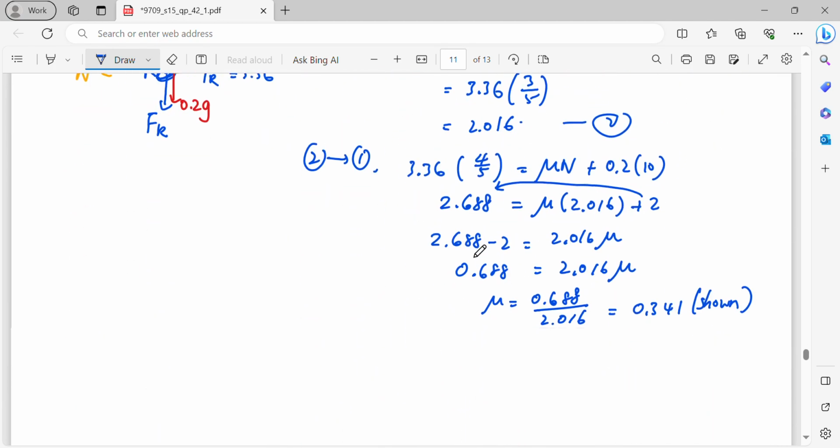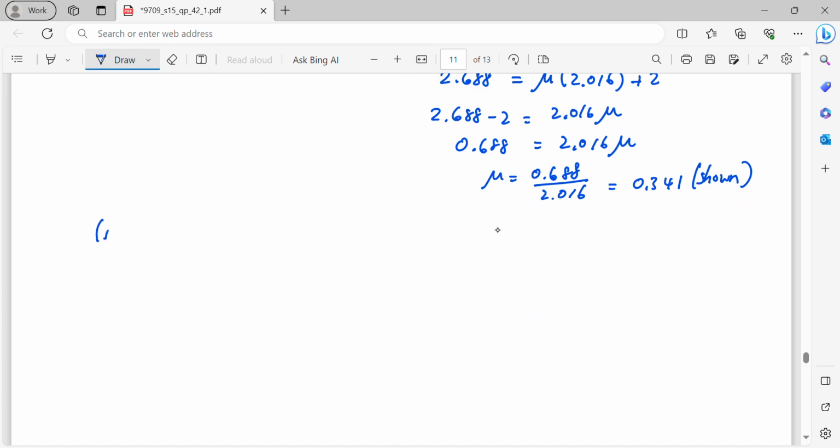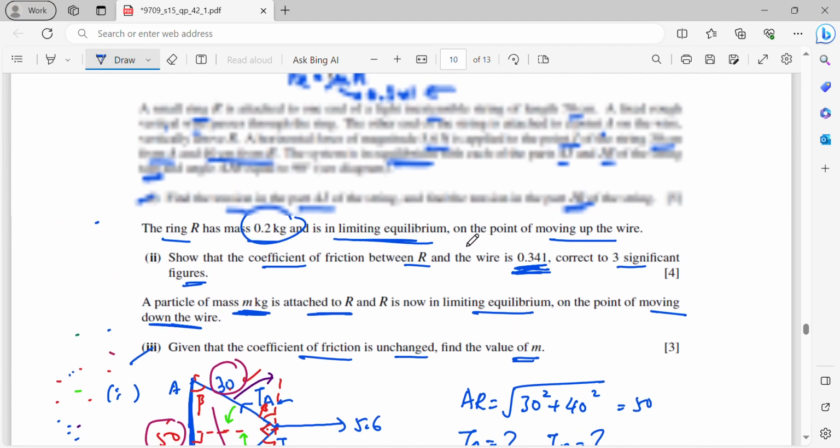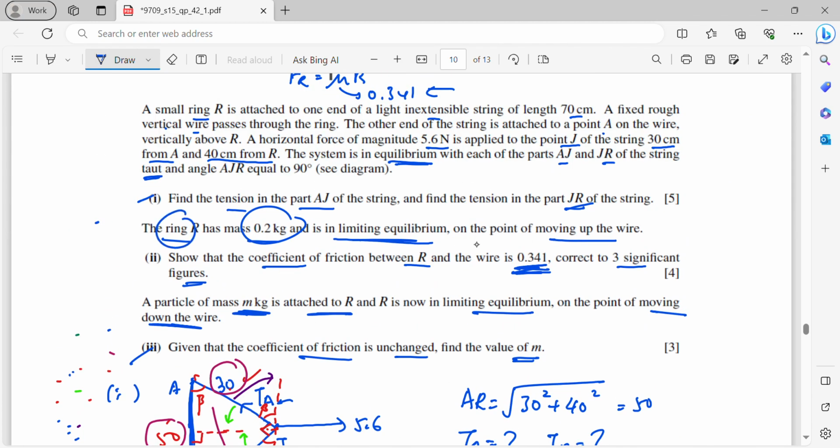Okay, so now I have to redraw the diagram. So part 3, so this is the wire, right? And then this is the R. This is the ring as R. And now, initially the ring has mass 0.2 kg. And now you add on one more particle with the mass of m kg.